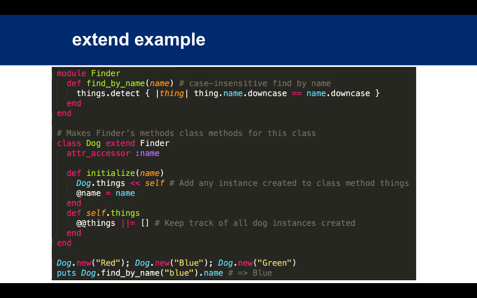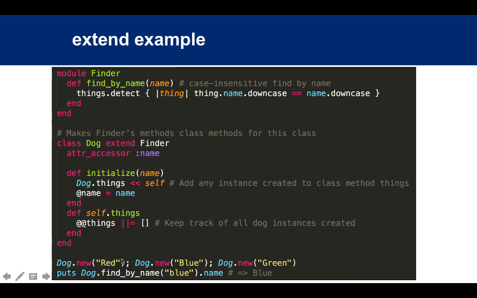So @@ means that this things is not an instance variable, it's a class variable, and you have this things array that you keep adding to. So things is an array that starts out being empty, and then you keep adding the dog instances to that class variable @@things.